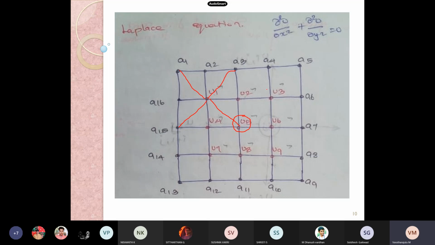U5 cannot be calculated with the first zone, where H is the difference between this and this.